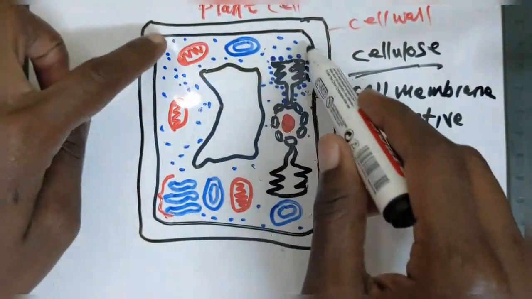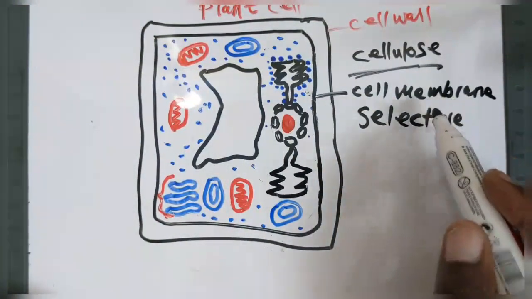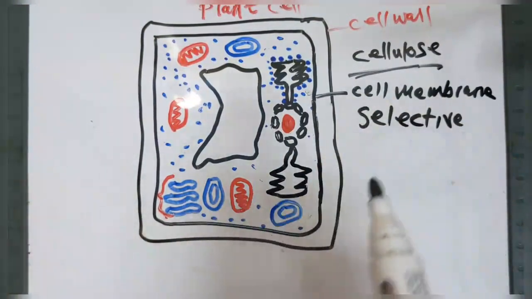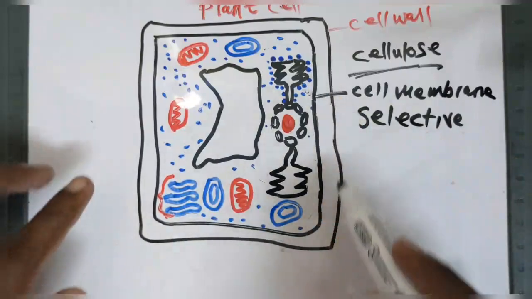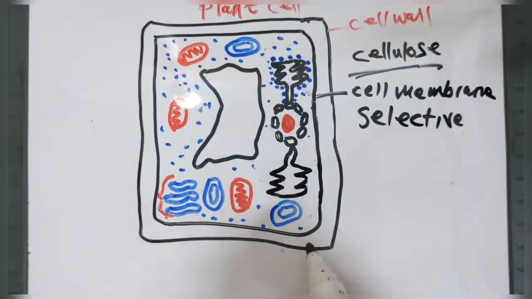It is called a selectively permeable membrane because it actually chooses which substances should enter or leave the cell.